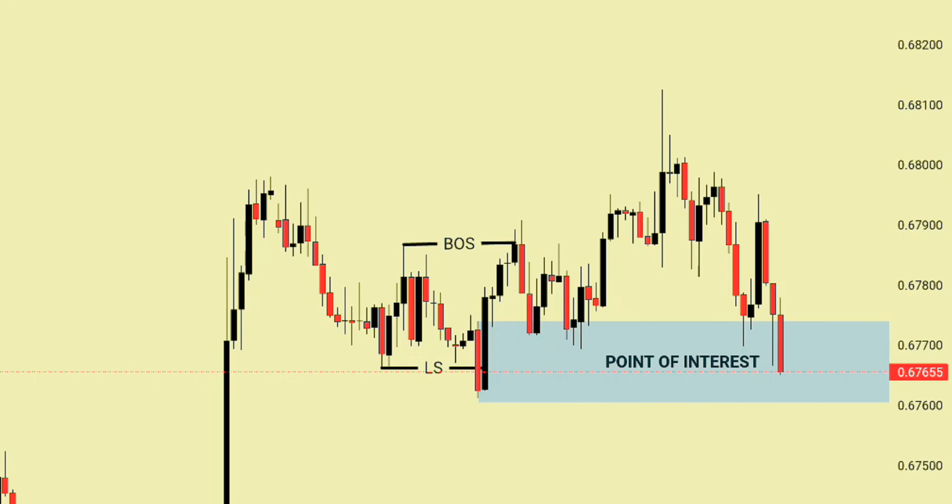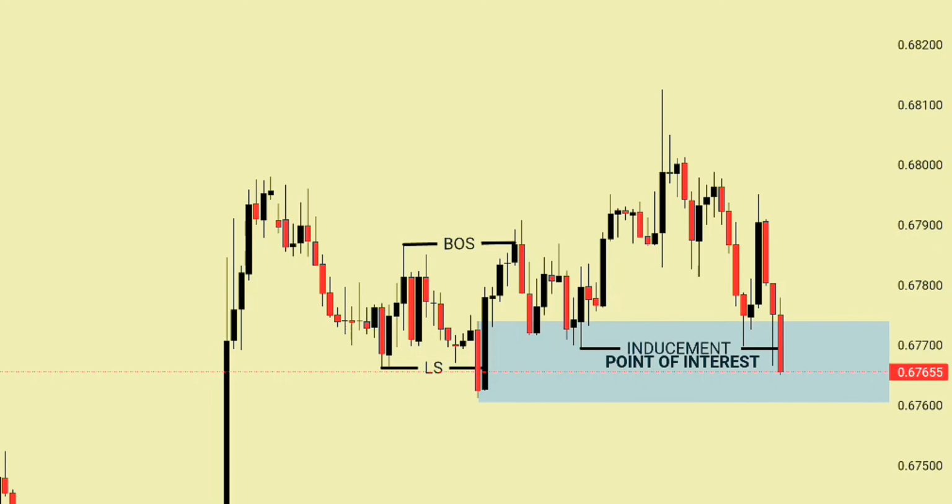Before the market taps into the point of interest, we notice a smaller, temporary low forming just above the zone. This is what we call inducement. Inducement is a clever behavior of the market designed to trap early traders and create extra liquidity. When this small low is formed, many traders mistakenly enter buy trades too early. They place their stop losses right below this smaller low.